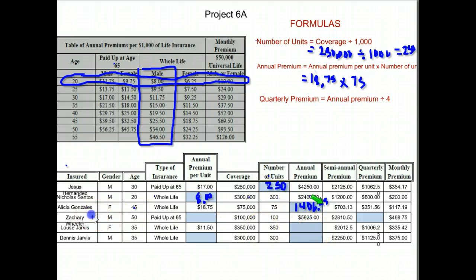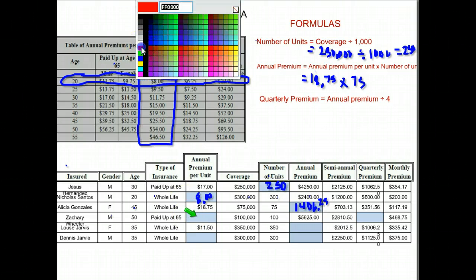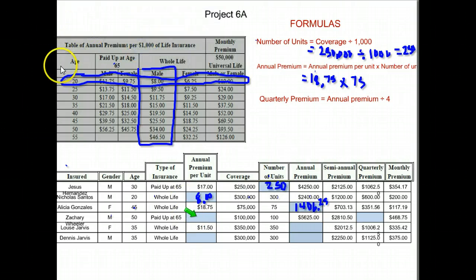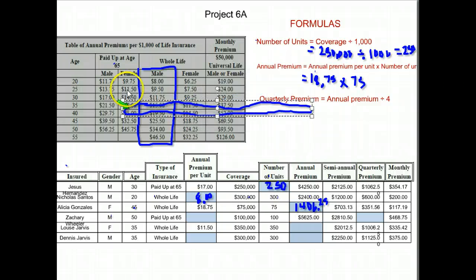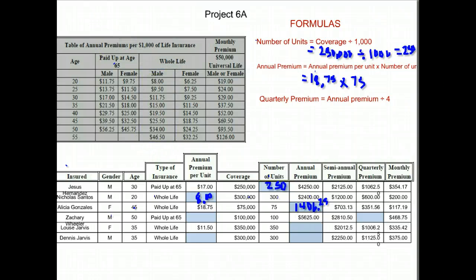Next we have Zachary Wheeler. They give us his gender, his age, what type of insurance he wants, and they want to know what's the annual premium per unit. So again, we're going to go to the chart. Let me erase my previous things that I had on the chart so that we can work here. Okay, so new calculation here.